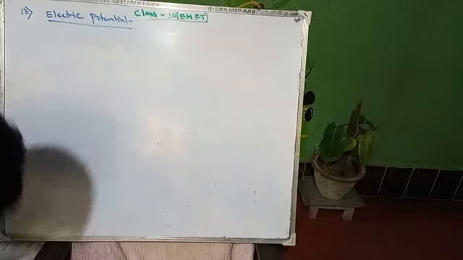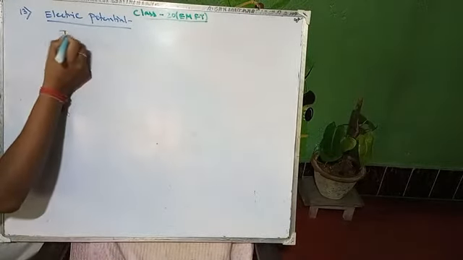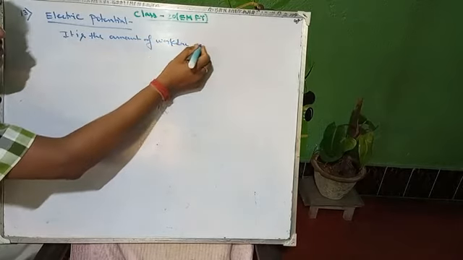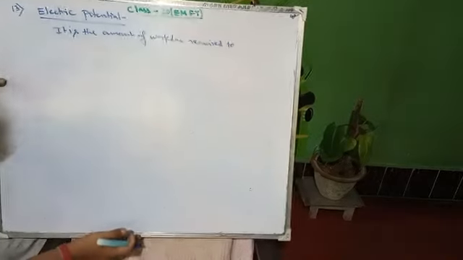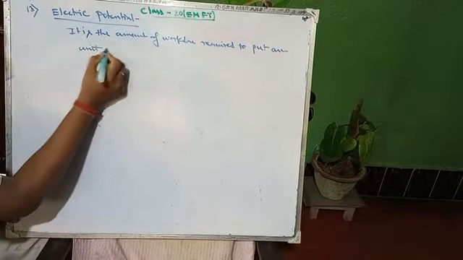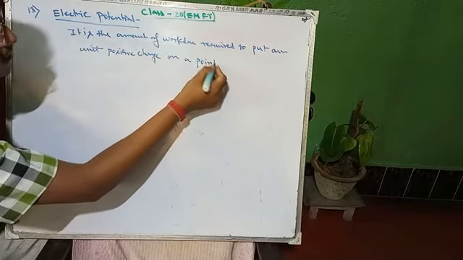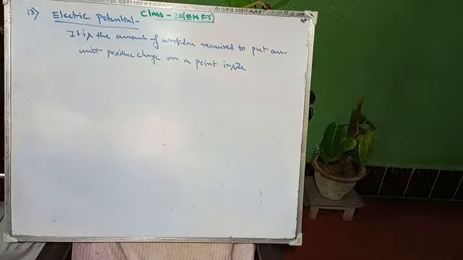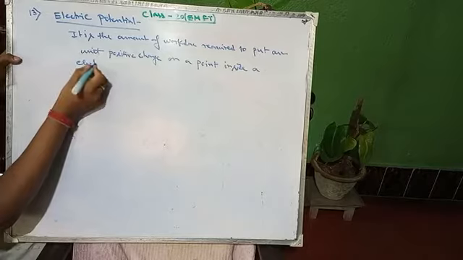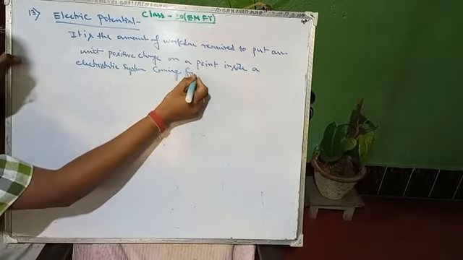Electric potential is the amount of work done required to put a unit positive charge on a point inside an electrical system, or inside an electrostatic system, coming from infinity.